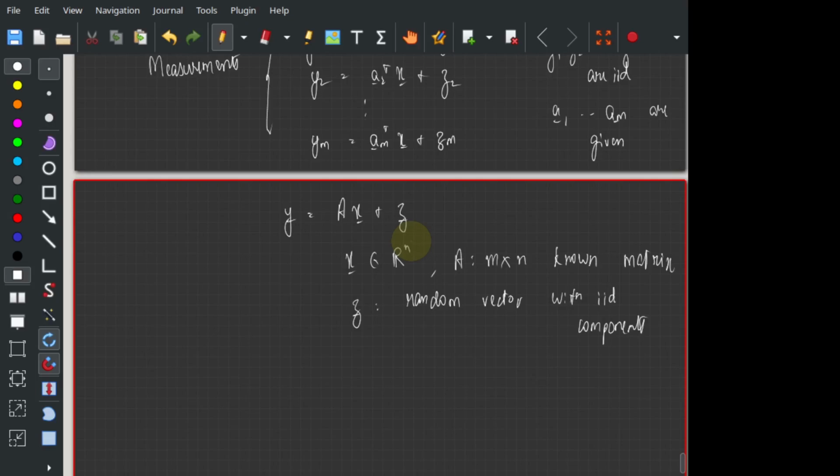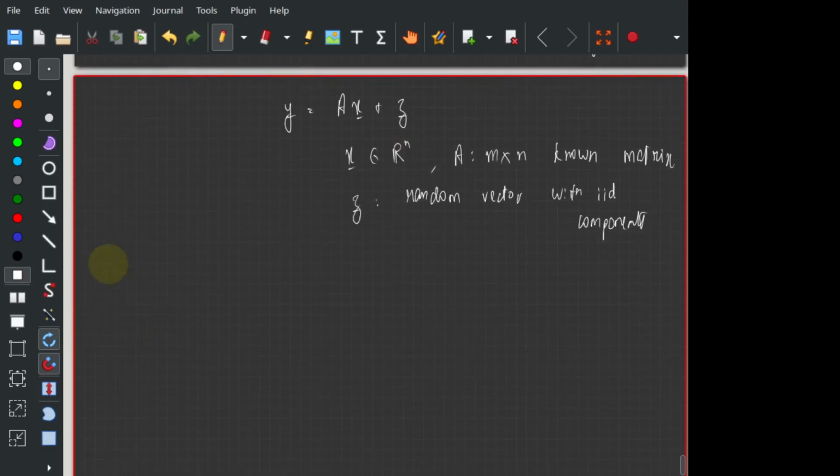So let's look at one example where Z is IID Gaussian, let's say with mean 0 and variance sigma square. What is the maximum likelihood estimator reduced to? Can we get a simpler form?